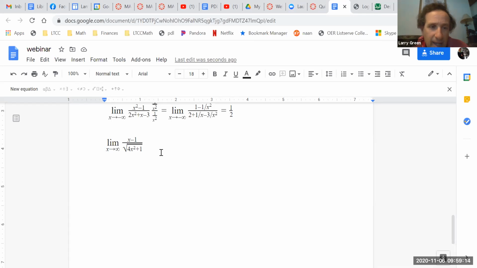So to do that, we'll basically do the same thing. We look at the highest power. Now, what happens to a power when you take a square root? It's important to know. Yeah, divide by 2. So notice the highest power on the top is 1. The highest power on the bottom is also 1 because it's 2 divided by 2, which is 1.